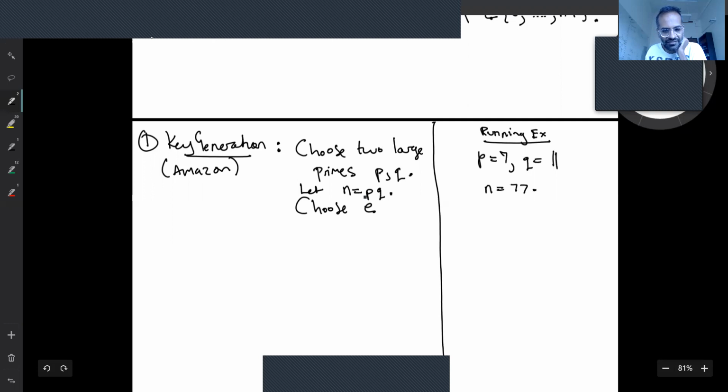Now I'm going to choose an integer e between 0 and n minus 1, such that it's relatively prime to a number phi, where phi is not the product of the primes, it's the product of the primes minus 1.